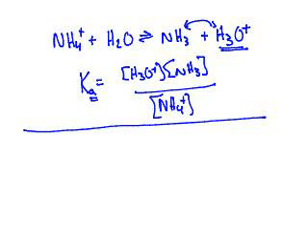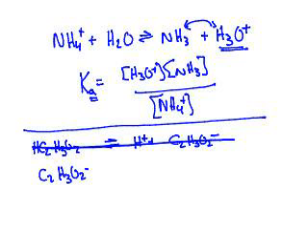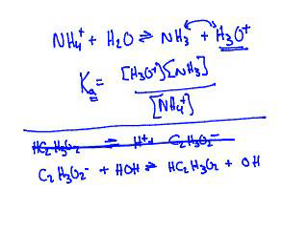And then conversely, I can then have the other reaction we had, which was C2H3O2 minus plus water, HOH, making HC2H3O2 plus the hydroxide. That's not what you want. You want sodium acetate. Thank you. And now you can write an expression, the Kb, that's a B, equal to the concentration of the acetic acid, HC2H3O2, times the concentration of OH negative, divided by the concentration of the C2H3O2 minus.